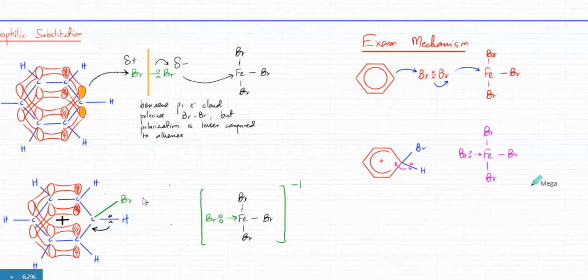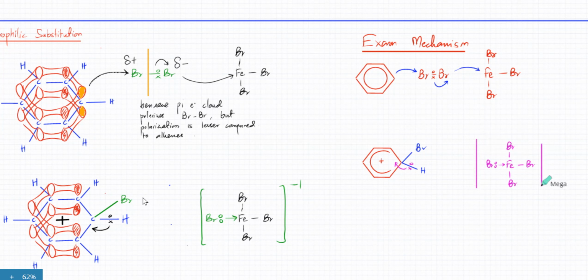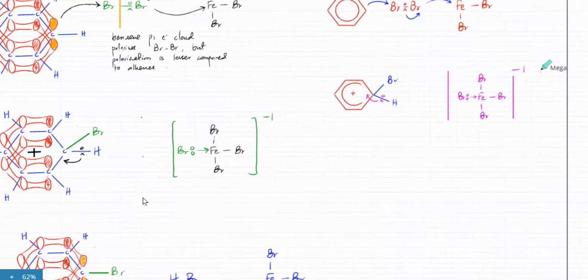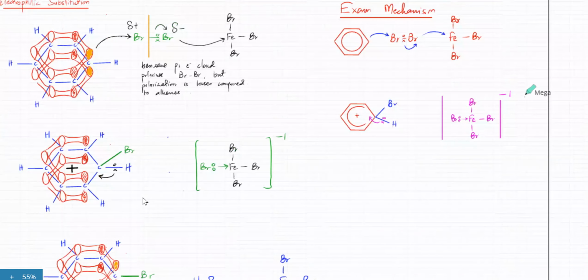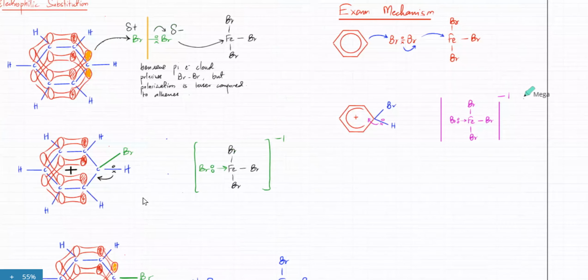So that would be next to it, and that one will have a minus one charge. And the last step is the products. The products are going to be formed. So that's your very last step. So just copy the same.